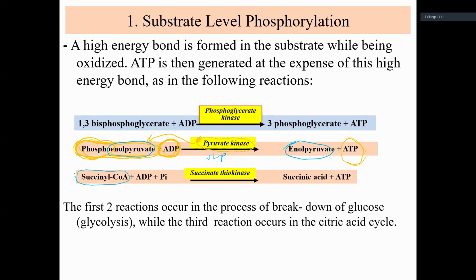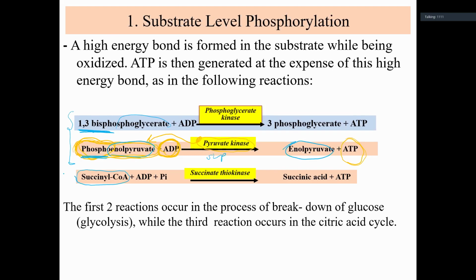Now here, in the first two examples, the substrate already had phosphate with them. You got this point? The phosphate is already present in the substrate.